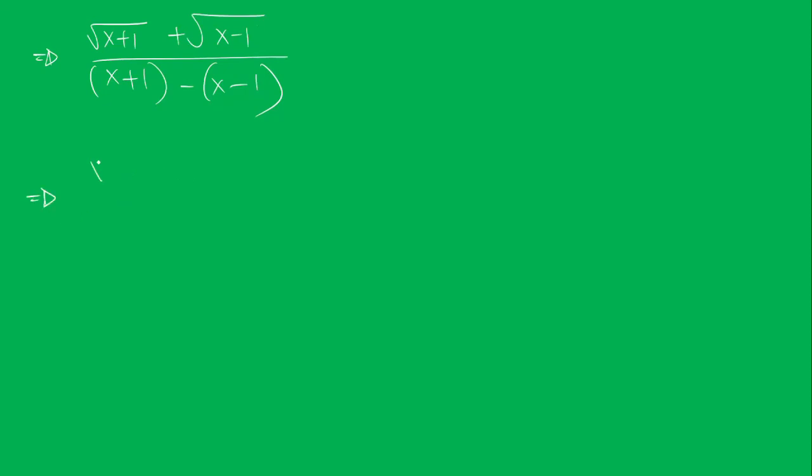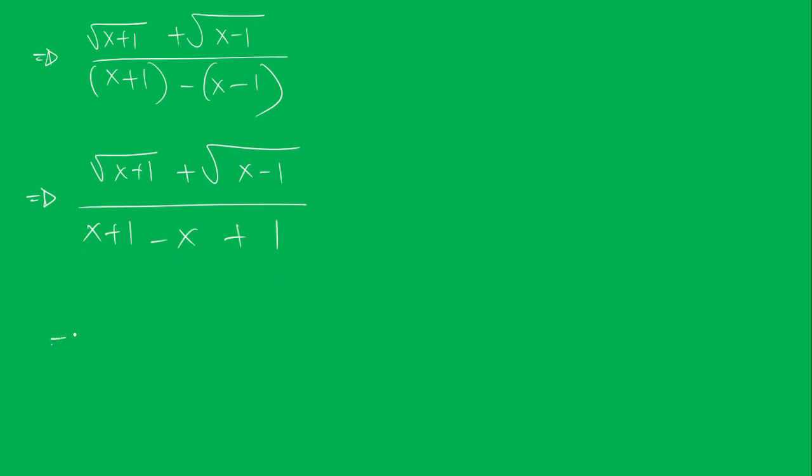So it will now also imply that you have the square root of x plus 1 plus the square root of x minus 1 divided by x plus 1 minus x minus 1. So this implies that the square root of x plus 1 plus the square root of x minus 1 divided by x plus 1 minus x plus 1.